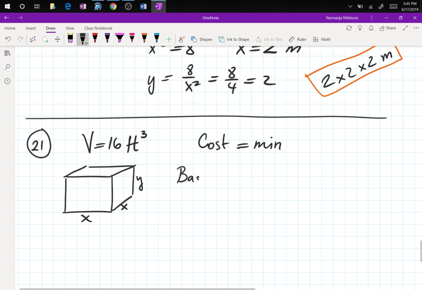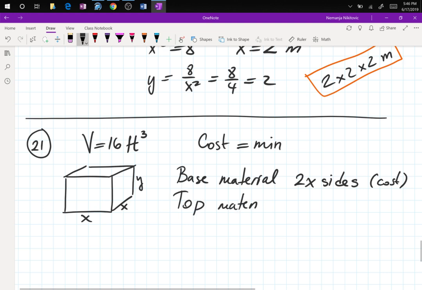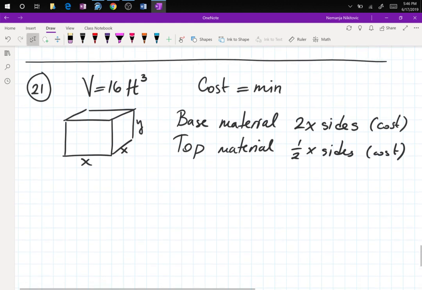So base material 2 times sides in terms of cost, right? And then it says the top is half of the size. Top material 1/2 of the sides in terms of cost. Find the minimum cost.